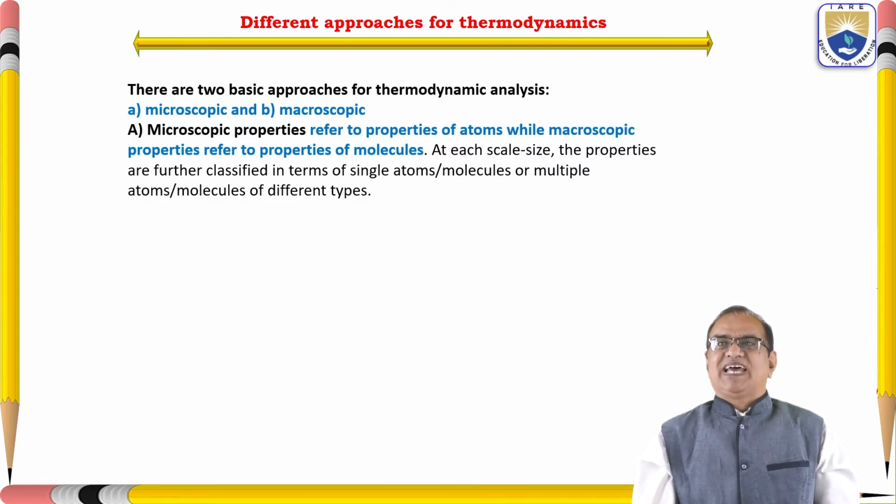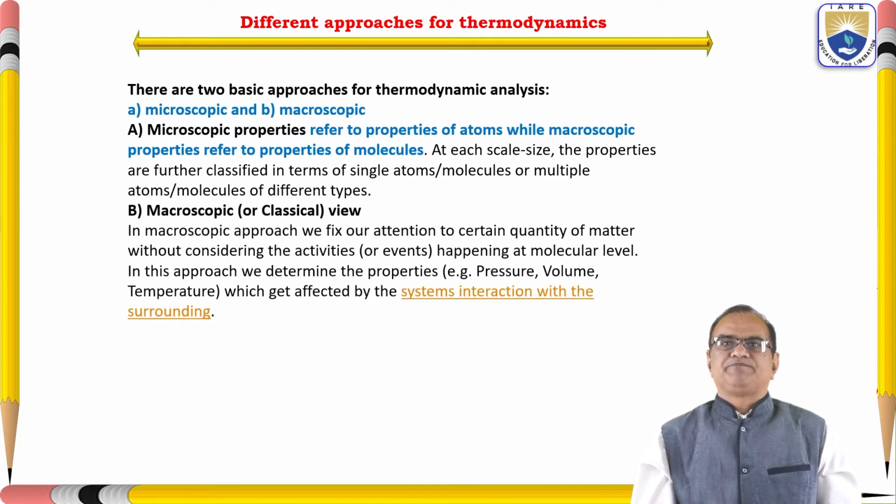At each scale size, the properties are further classified in terms of single atoms per molecule or multiple atoms per molecule of different types. When we talk about the macroscopic or the classical view, in the macroscopic approach, we fix our attention to a certain quantity of matter without considering the activities or events happening at the molecular level.